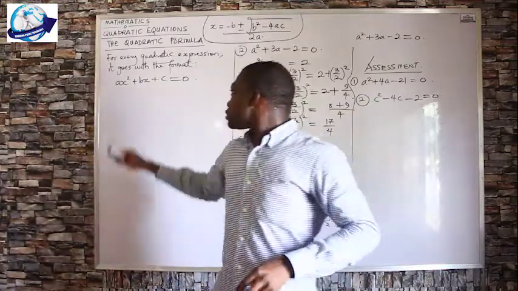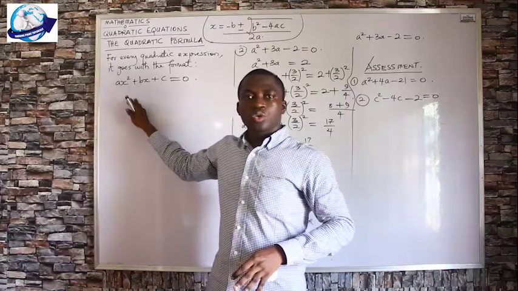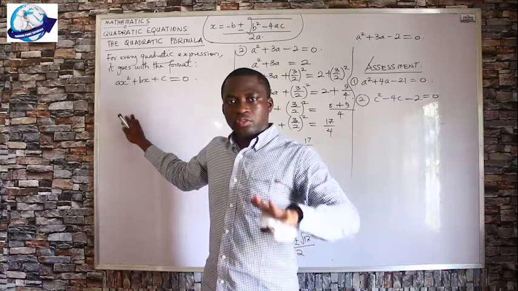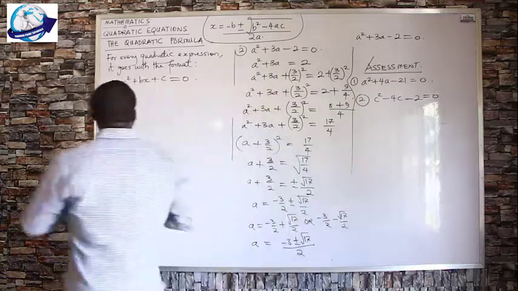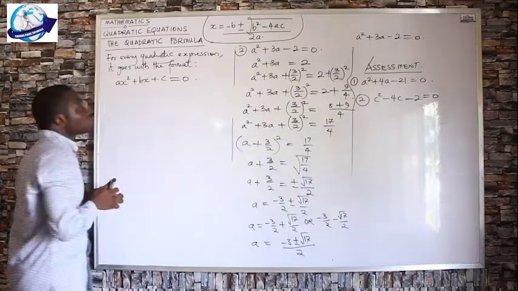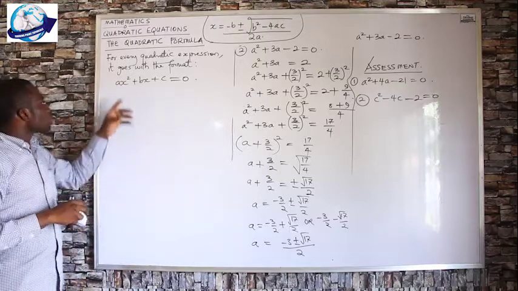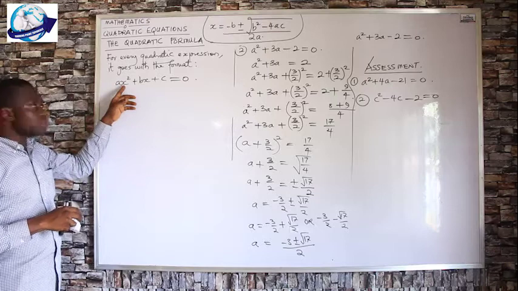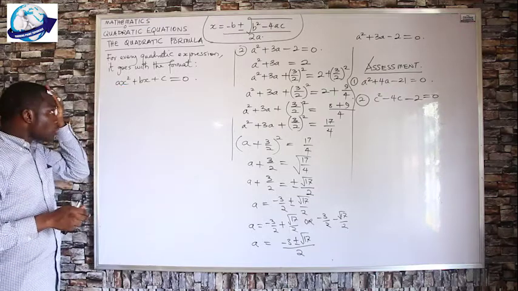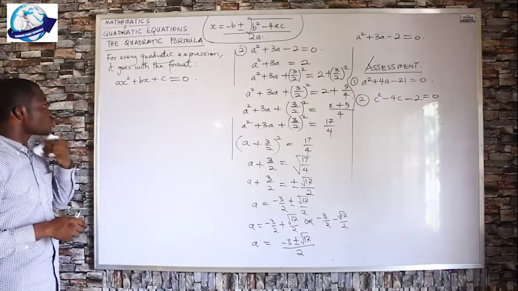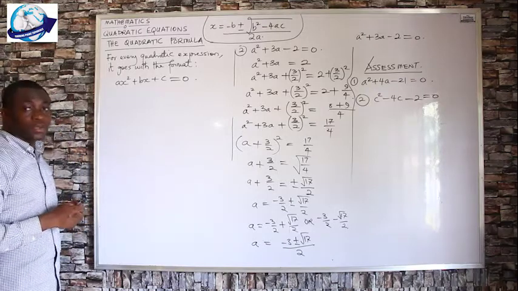Alright, so with this now we can derive our quadratic formula. Let's take it gradually. Please look carefully at this expression. What is the coefficient of x squared? The coefficient of x squared is a. So the first thing to do is to divide through by the coefficient of x squared.